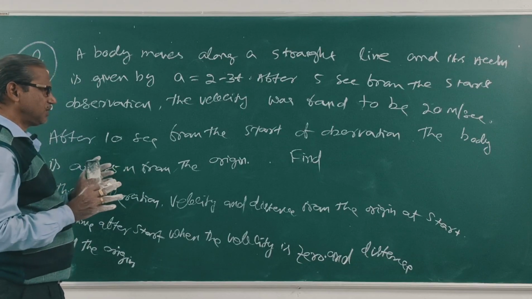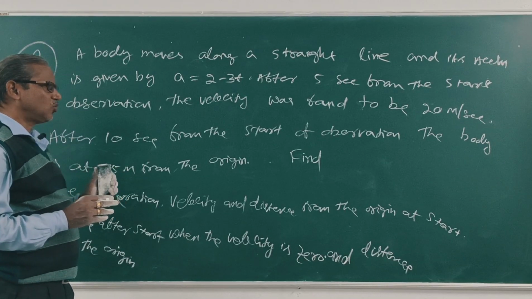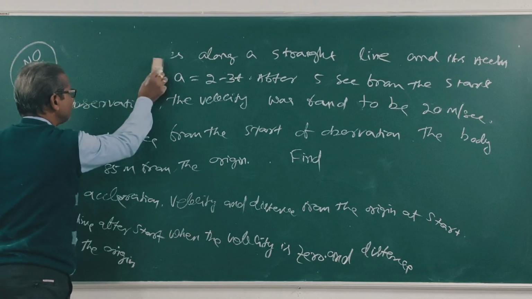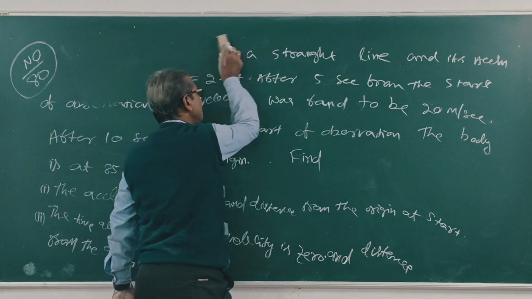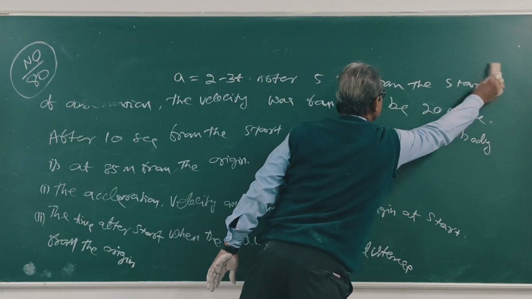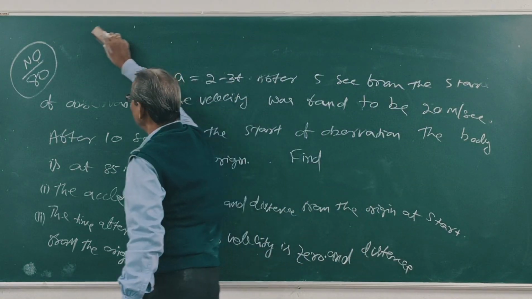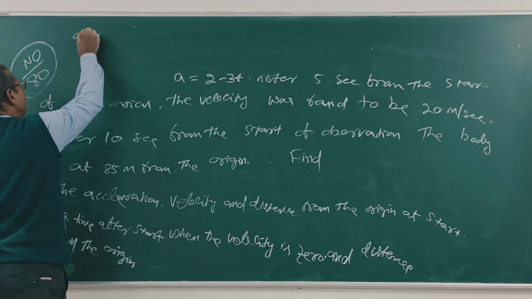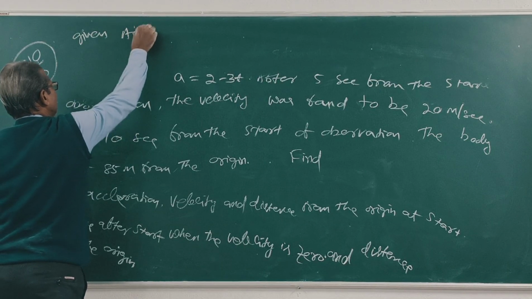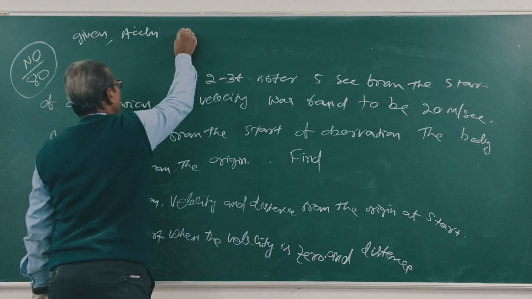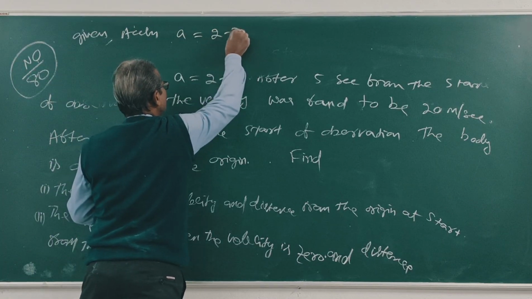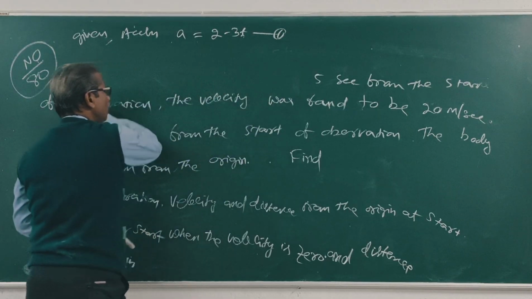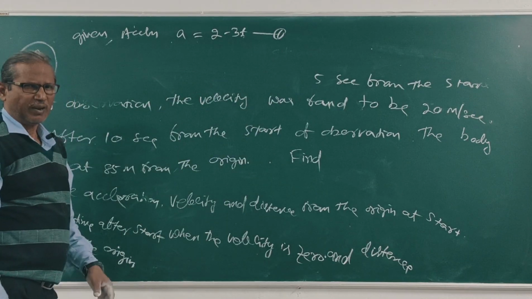Right? First, the given equation is a = 2 − 3t. Given acceleration a = 2 − 3t, equation 1. What is a equal to? dv by dt.